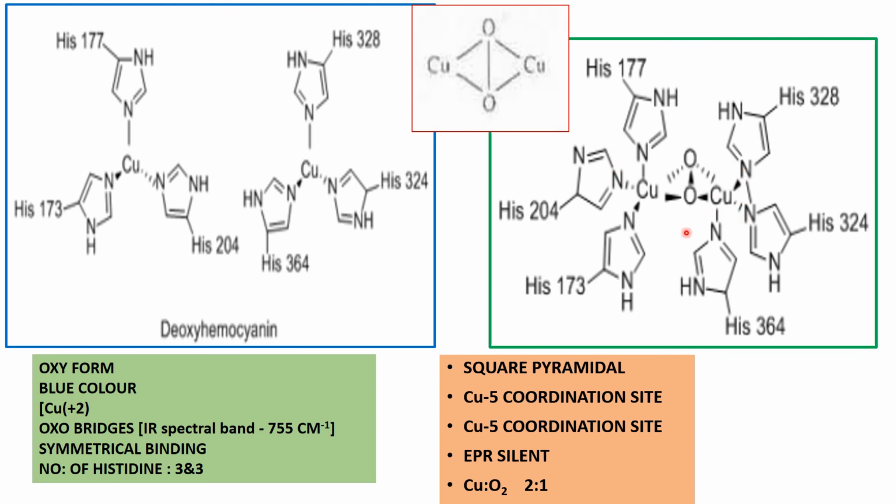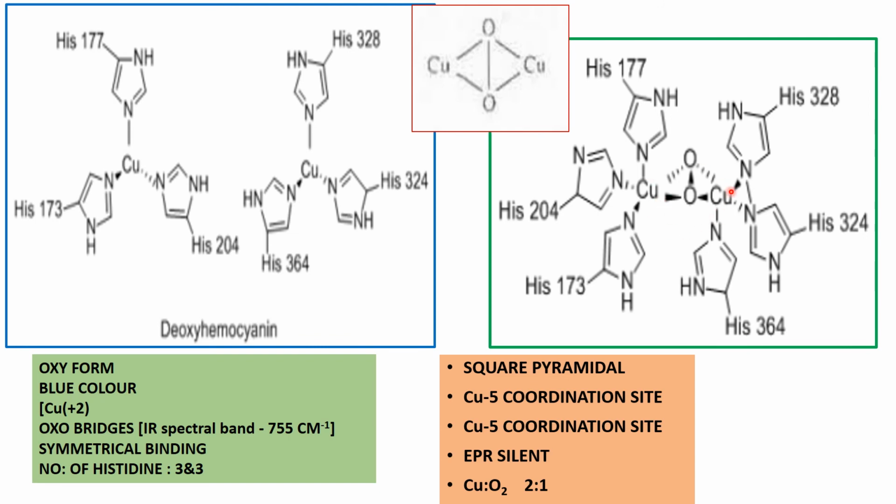What about the spectroscopy of the molecule? Here you can see it is EPR silent. That means this copper has no unpaired electrons, so it is EPR silent, and also Raman inactive.